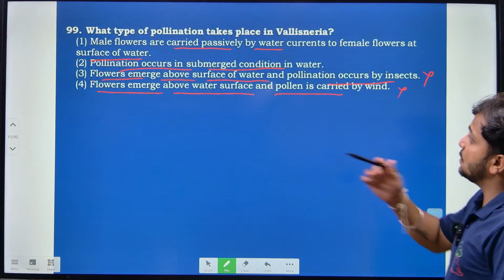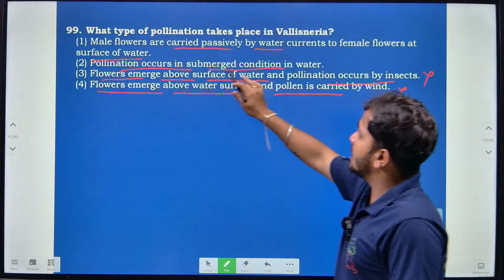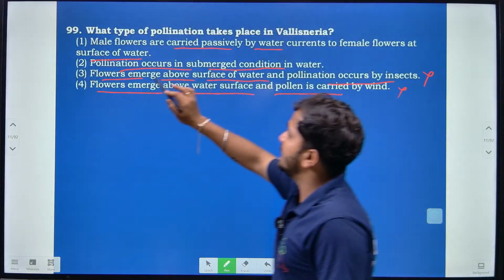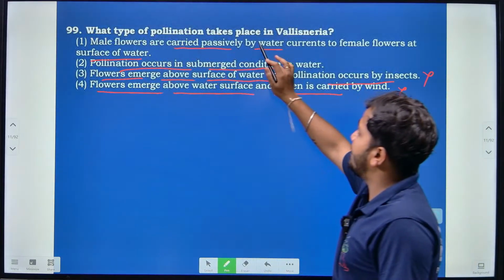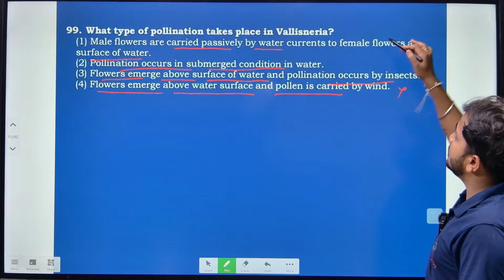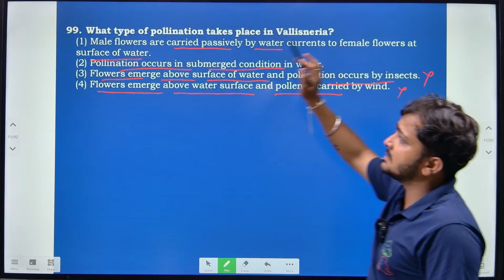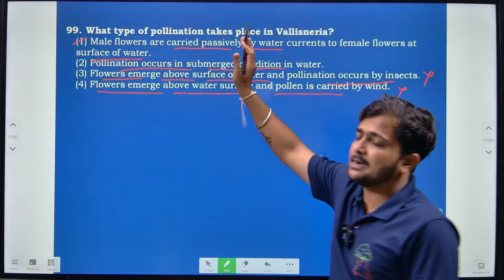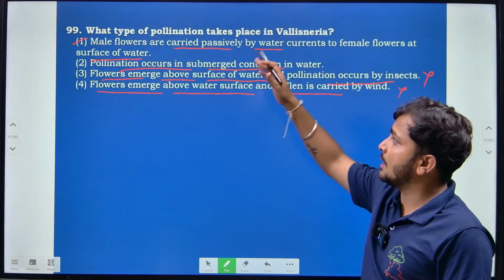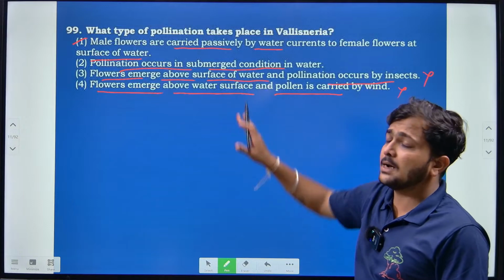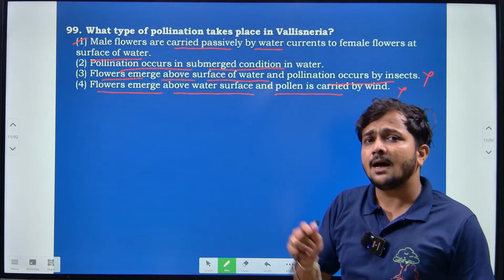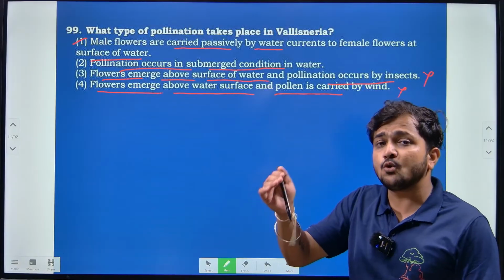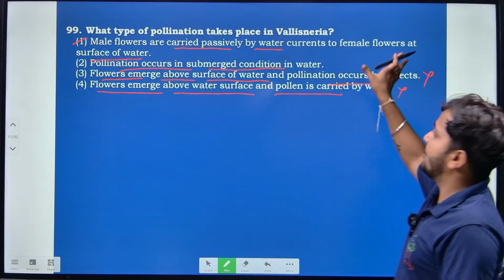Pollination in submerged condition is also not correct. The correct option is: the male flowers are carried passively by water current to the female flower at the surface of water. Here the male gametes or pollen grains come passively, and the pollen grains are long and look like a ribbon-like structure, so that they can move towards the female flower.